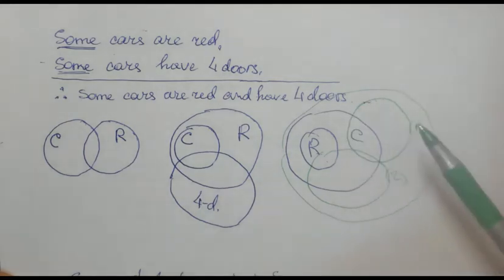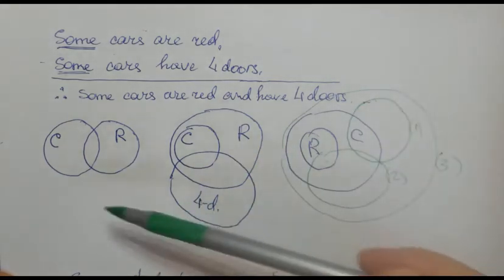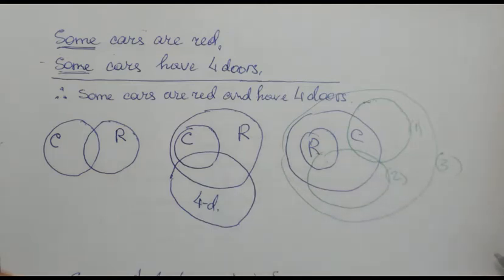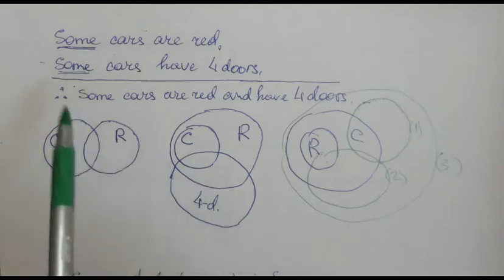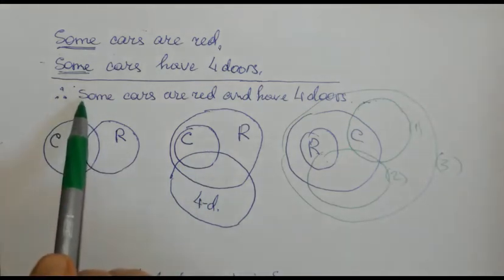If we have a valid syllogism, we should draw all possible pictures and prove that all possible pictures show that the syllogism is valid. But if you can find one unique picture that proves that it is invalid, that is enough. So let us try to find such a picture.